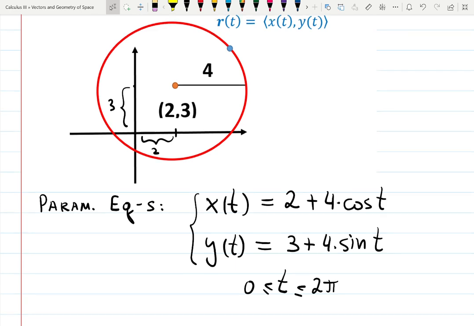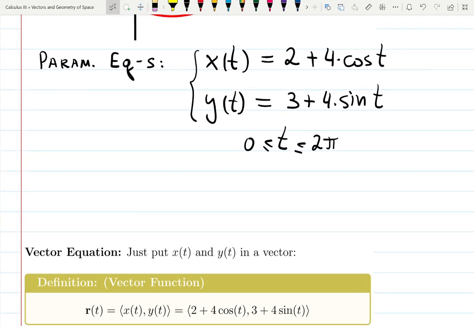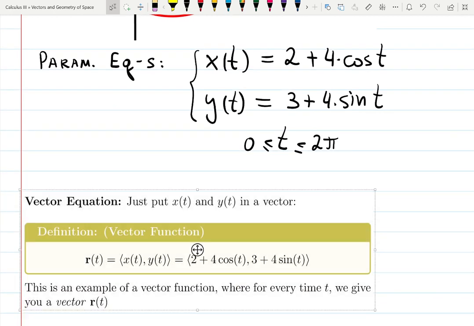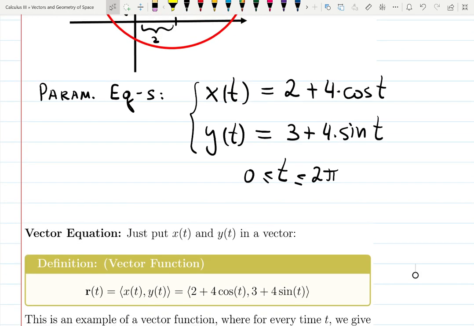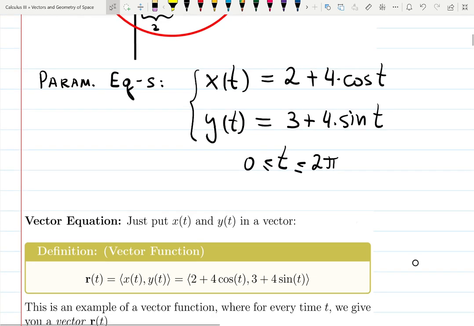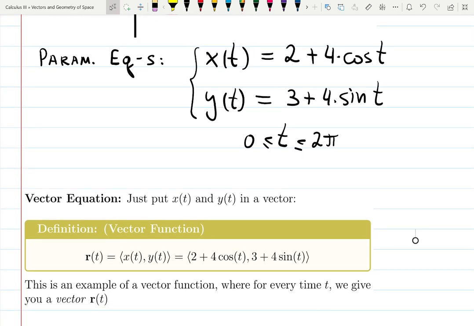How to create a vector equation out of this? The vector equation out of this, you basically just write it down as a vector, because we're already doing it, we just did not know that. r of t is a vector, let's put a hat, x of t and y of t, where we're going to take 2 and 3 over here, and then plus 4 cosine and 4 sine.